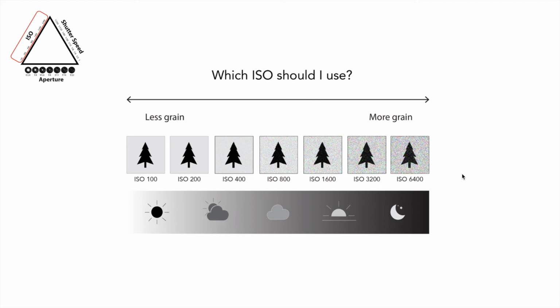So you have to think, when you're taking your photos, what sort of light am I in? And does it matter that there might be a little bit more noise on the photo? Is that going to spoil the quality of the photo?